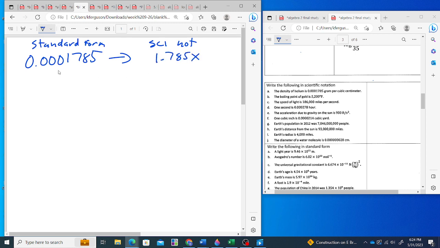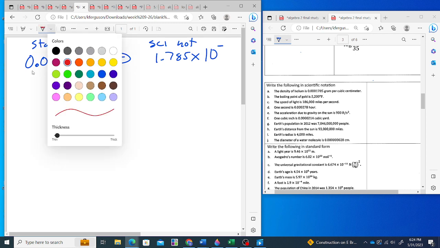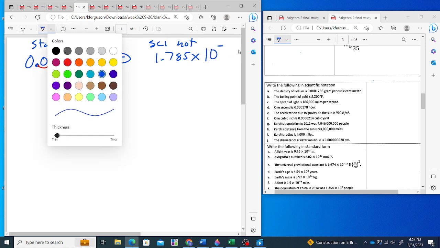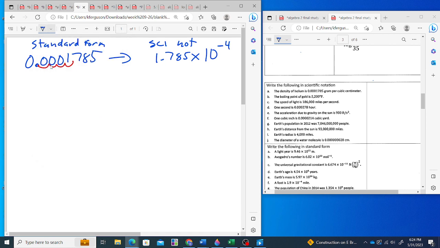1.785 times. Now I know that my exponent is going to be negative because this number is less than 1, 0 point. So how many moves did I make? 1, 2, 3, 4. So that's a negative 4. Well, what about 186,000?